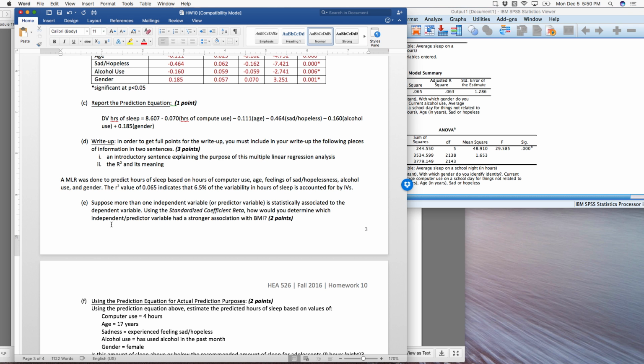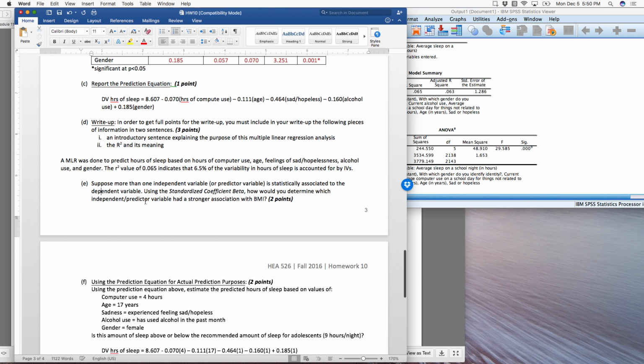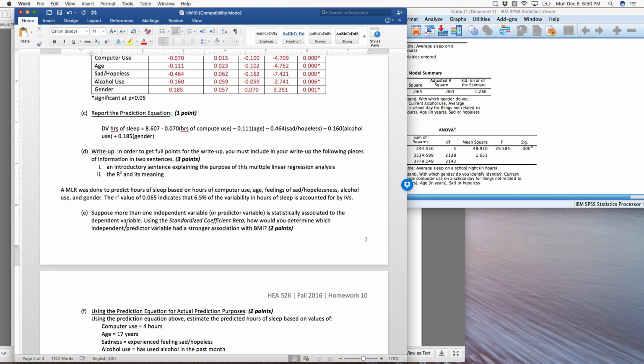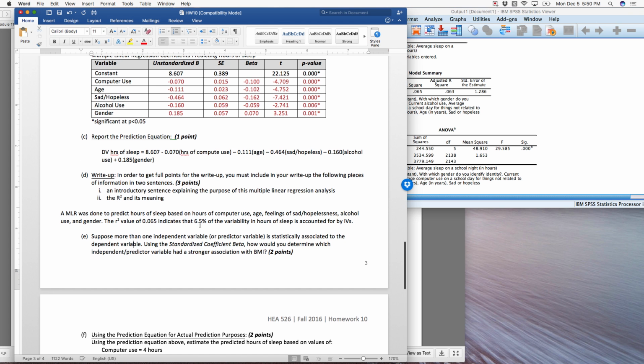The last question, part E of this, is asking you how you would decide which of these variables contributes the most to predicting the hours of sleep. You do that by using this beta value, and you want to look at the one that's closest to 1 or furthest away from 0, whichever is easier for you to think of.